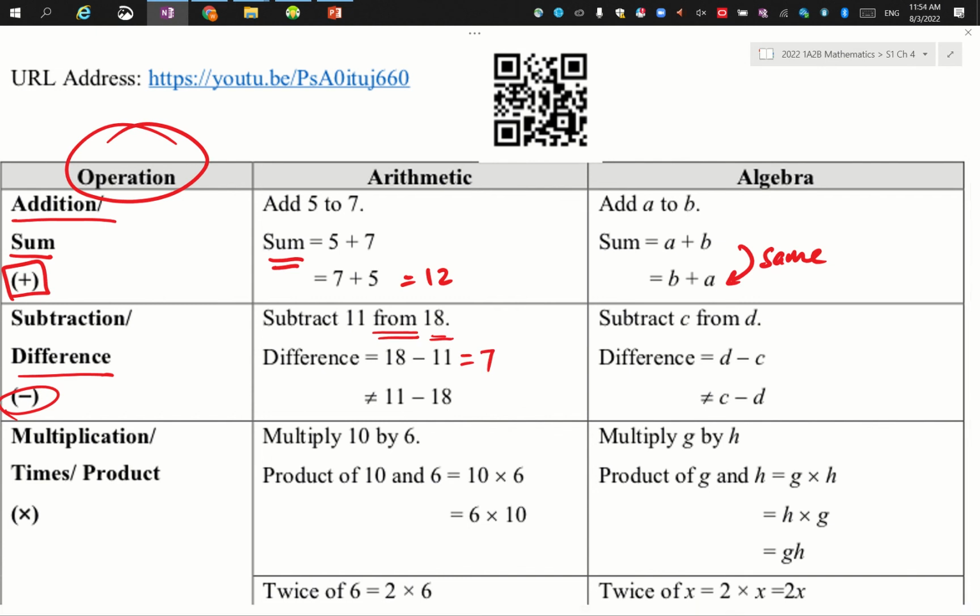Will any of you interpret subtract 11 from 18 as 11 minus 18? When I tell you to subtract 11 from 18, will you write 11 minus 18? Some may. So English is important. The keyword is from. What do we take away from? So that is the original. We put it first. So if you take away 11 from 18, you write down 18 minus 11.